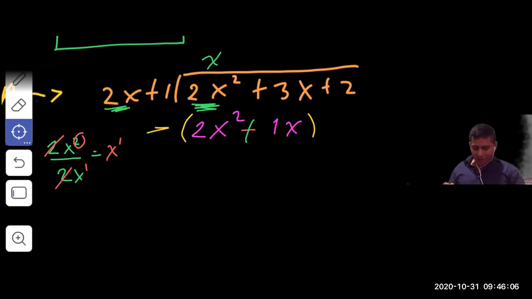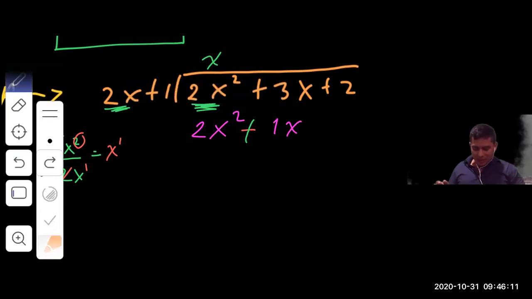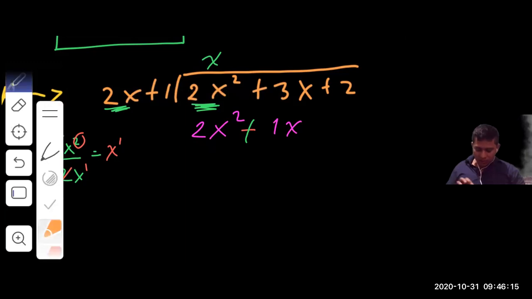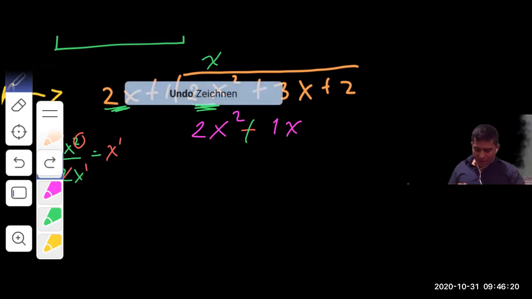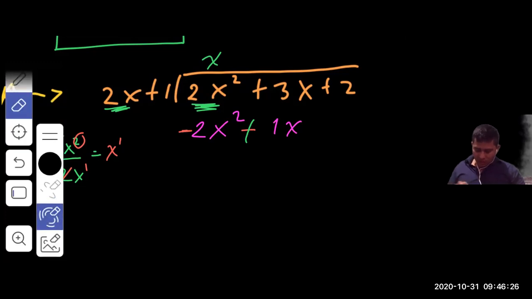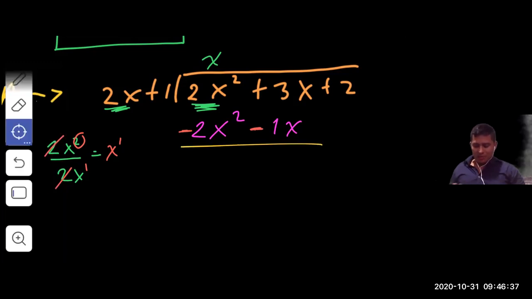If you want to do it step by step, you can. This is positive, guys. Now it's going to turn into negative. And this is positive. Now it's going to be negative. Just that, guys. I just changed the sign.